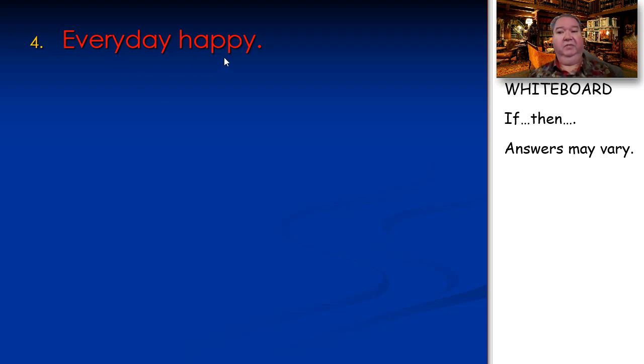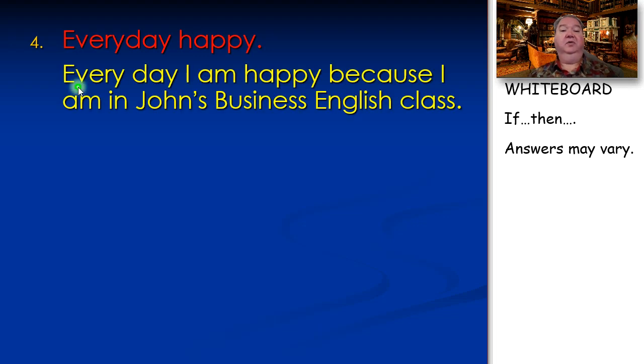This is not even close to a sentence. We don't have a subject or a verb or a complete thought. So how do we fix it? We add what's missing. So we might say something like, every day I am happy because I am in John's business English class. So I am, subject and verb, adjective.